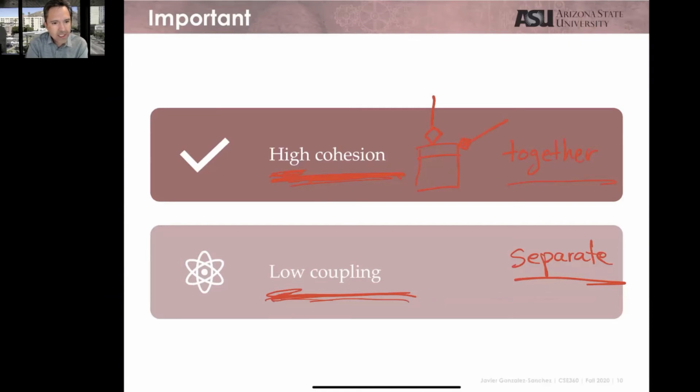When you are using the diamond, doesn't matter if it's white or black, something that you are promoting is cohesion. Composition and aggregation, remember? If you have something composed of something else, they are together. Or if you are aggregating something, those two things are together.